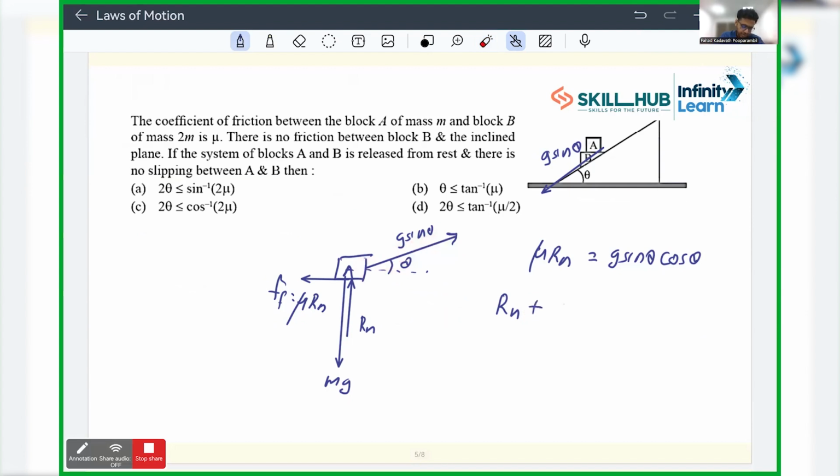Here also we have to write m, because in order to make a force, you have to multiply with the mass. Mg sine theta is the force. Its component in the vertical plane is the sine component: mg sine theta times sine theta, and this plus Rn would be equal to mg.